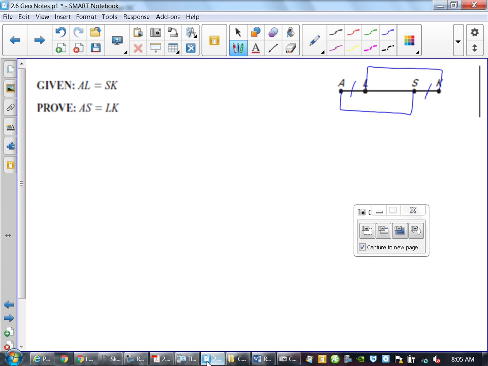A lot of times when you start looking at diagrams and marking them up about where you need to go with them, it's going to help you tremendously to get your thought process going about what you have to do to get there. So where do you think we should start? With the given. It's a good place to start.